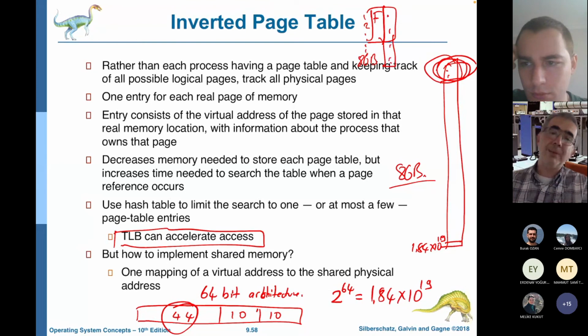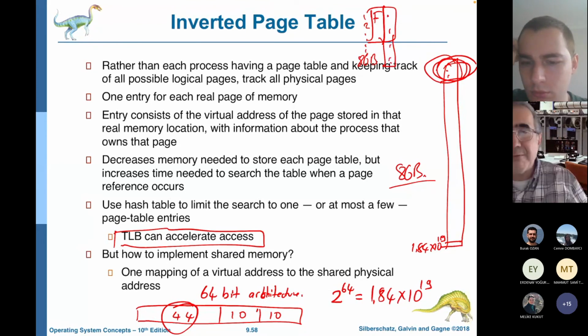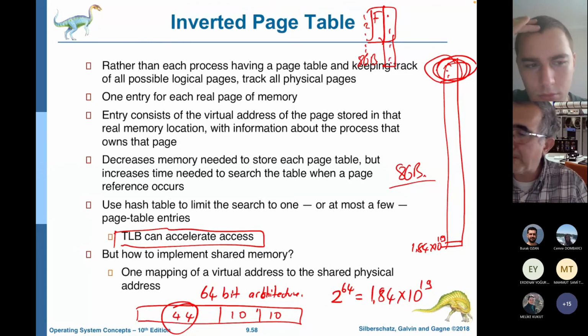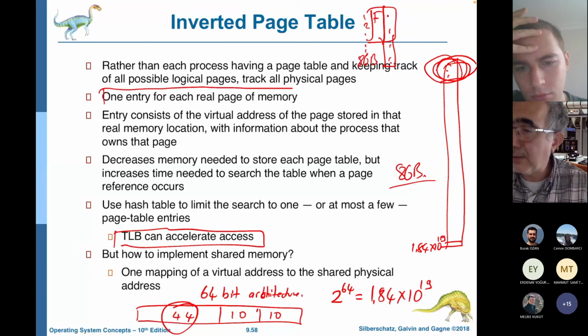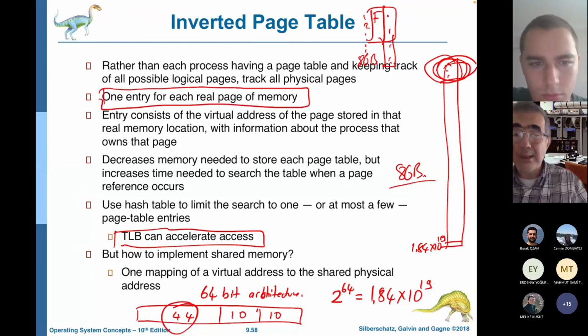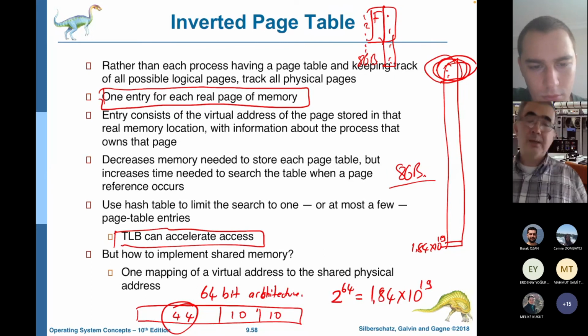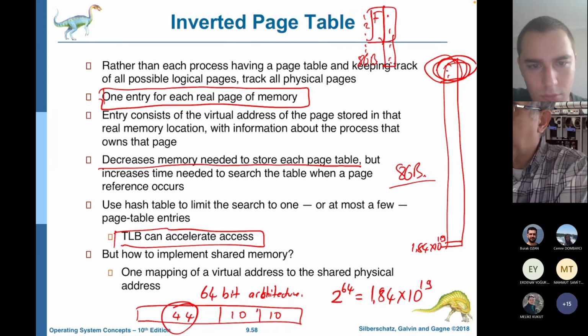So if you hold this table instead, if your architecture has big logical memory but not physical memory, due to address bus and architectural sizes, inverted page table is a good alternative. One entry for each real page in the memory rather than one entry for each logical page. It decreases the memory needed to store each page table, but increases the time needed to search the table.